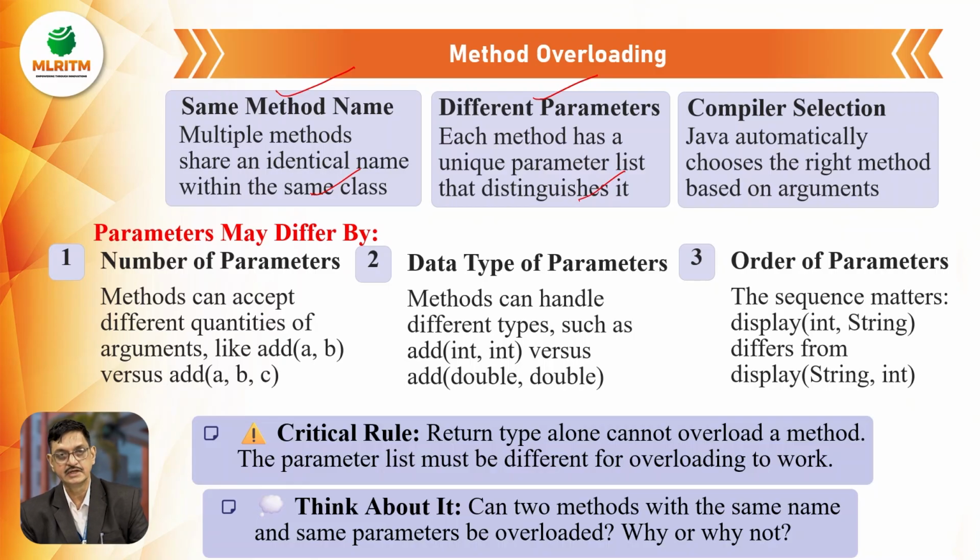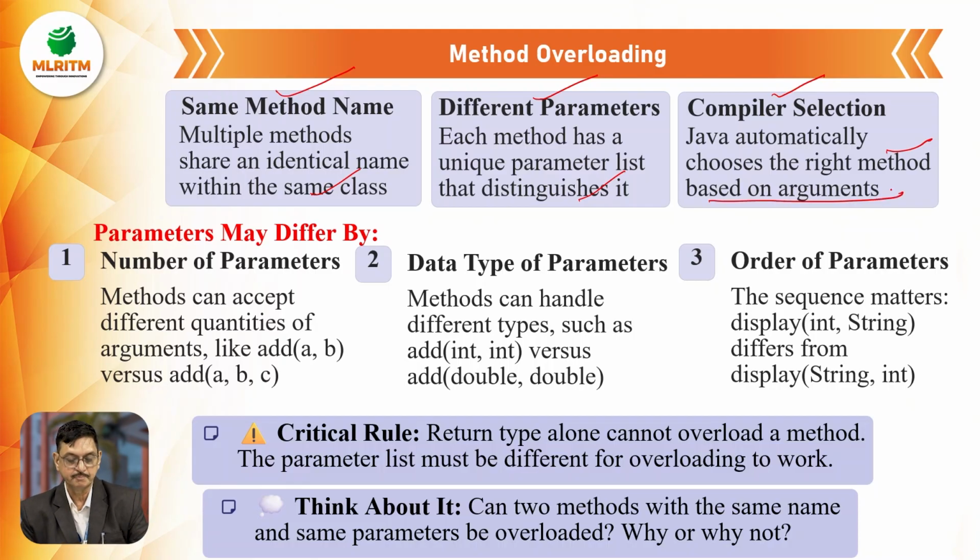Java identifies the appropriate method while compiling. Java automatically chooses the right method based on the list of arguments, the number of arguments or the order of the arguments.